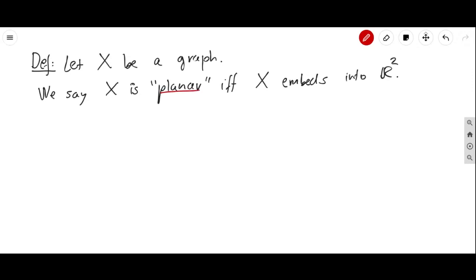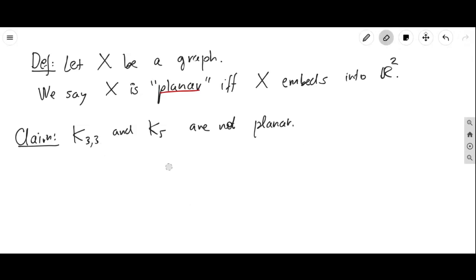So it's a planar graph. So the claim is that K33 and K5 are not planar. They are not planar graphs. They cannot be embedded into the plane.